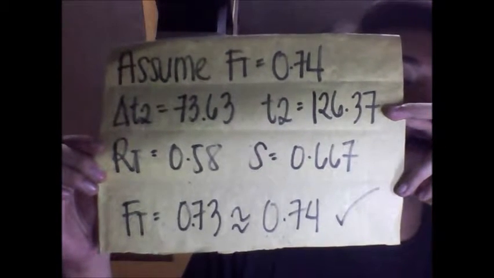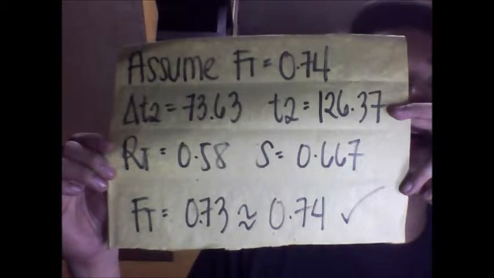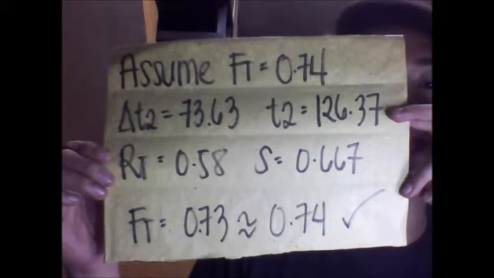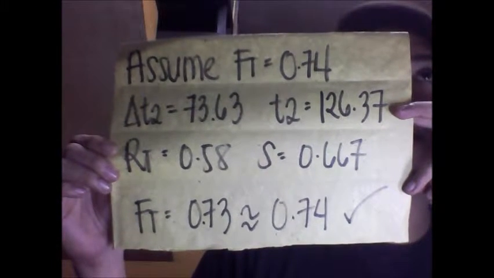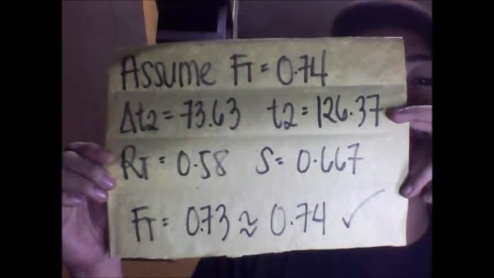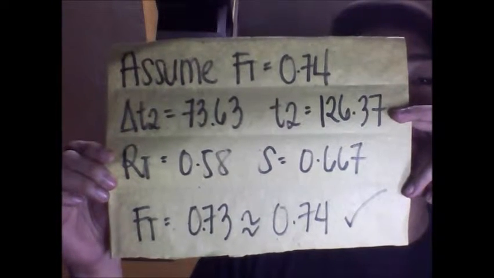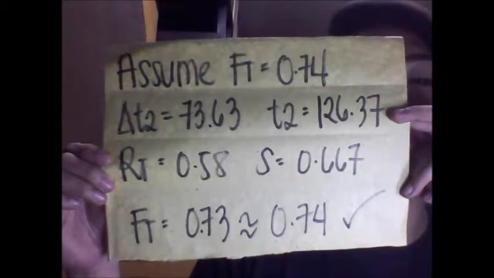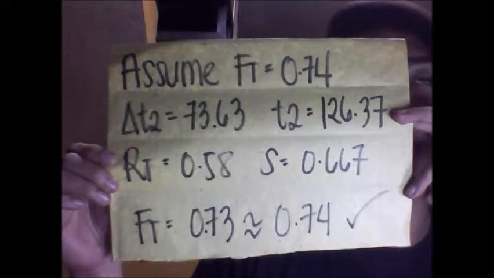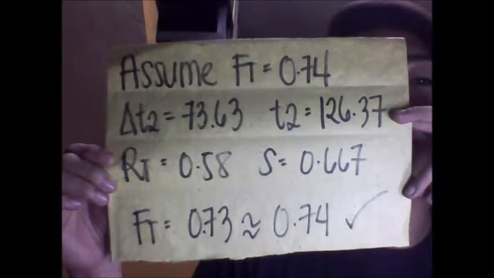Then by using delta T sub 2, we can get the exit temperature of the cooling water, which is 126.37. And by doing the same procedure, getting R and S and using the graph, we check if the assumed value of Ft would be near to the value of Ft that we can get from the graph by using R and S.